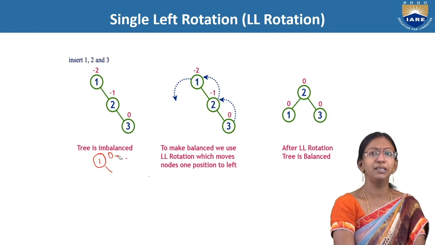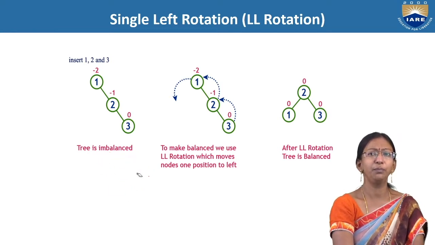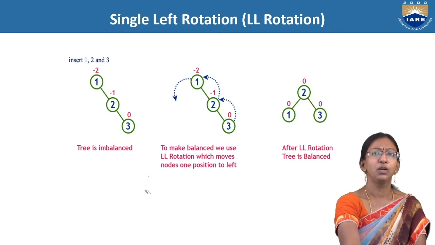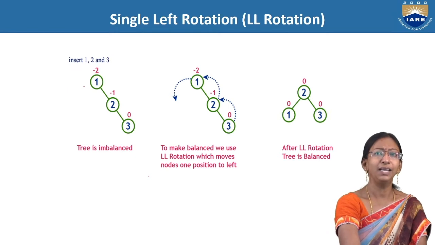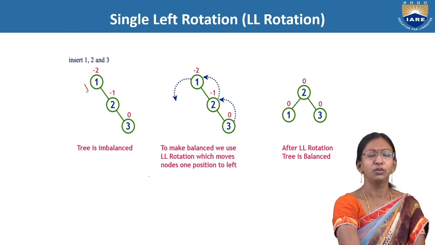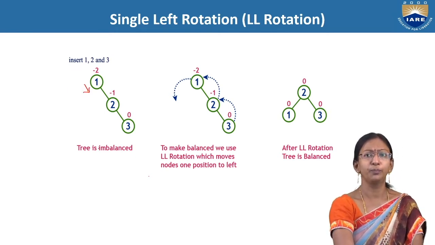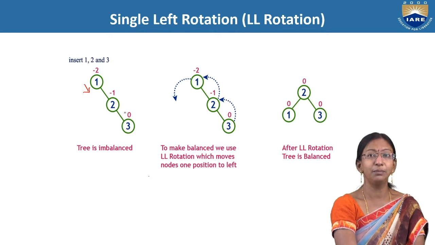So now please think in this direction from the point of view of 1. From the point of view of 1, it is thinking why I violated the rule. Because of whom? The newly inserted element is 3.